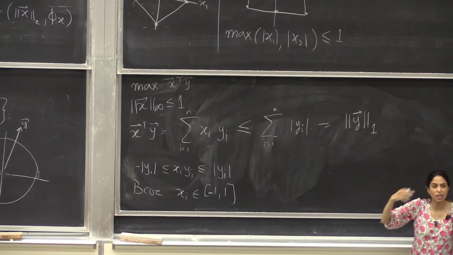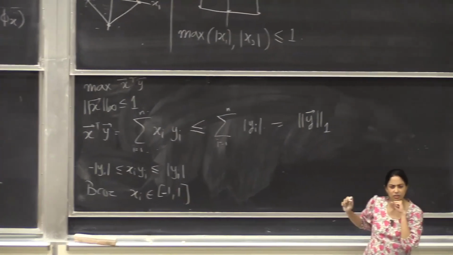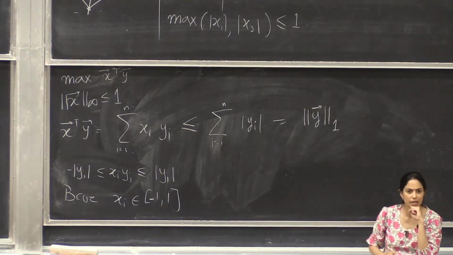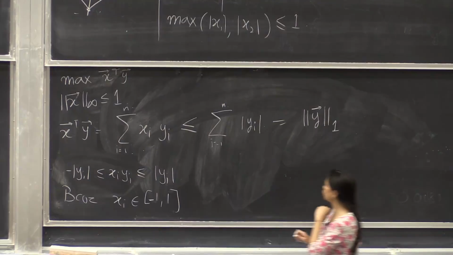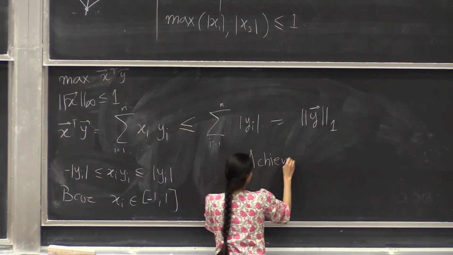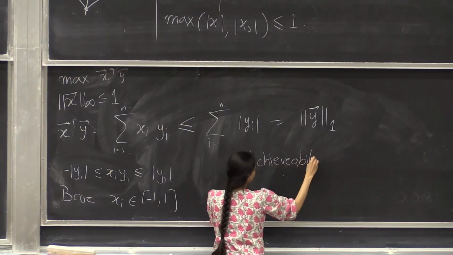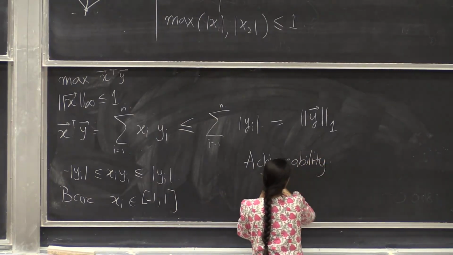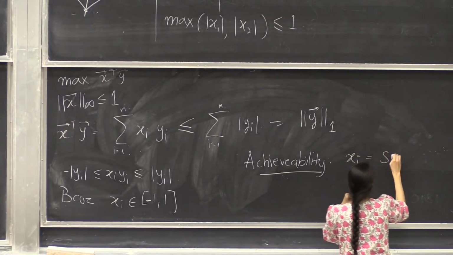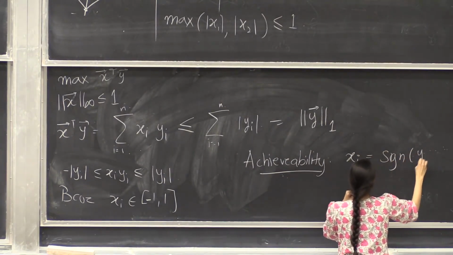Is there a way that you could actually achieve this? What would you choose x to be? The sign of y, right? So how do you achieve it? The achievability is to choose xi equal to the sign of yi.